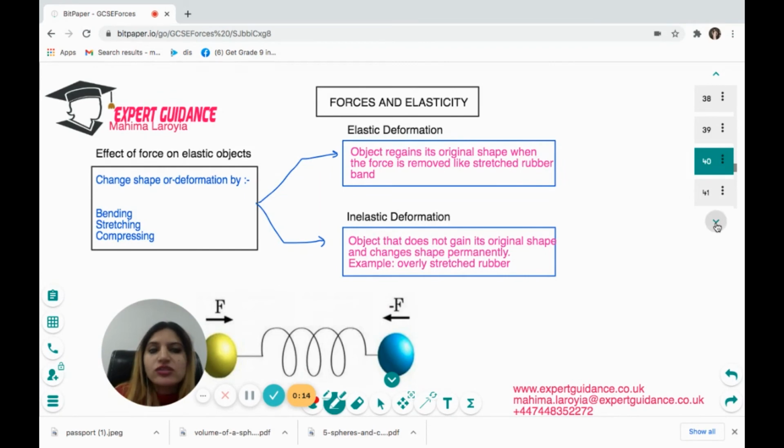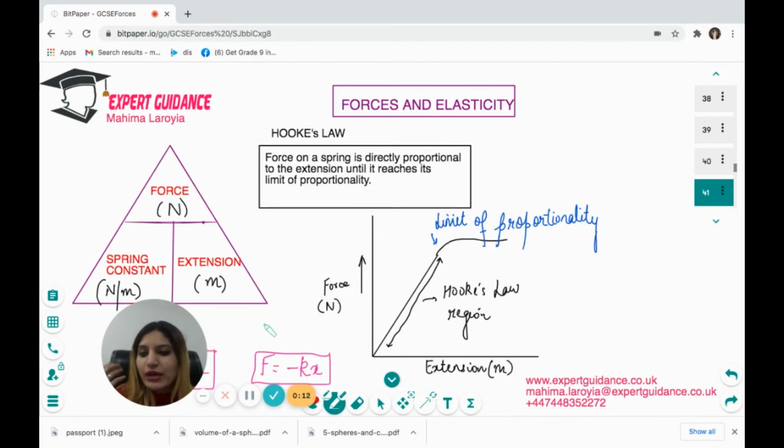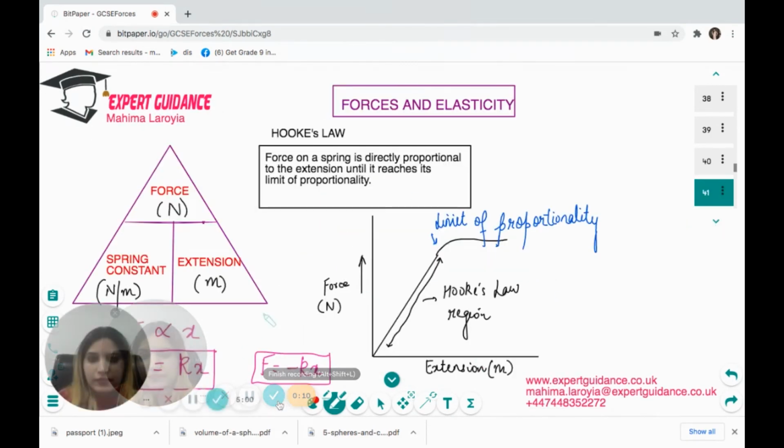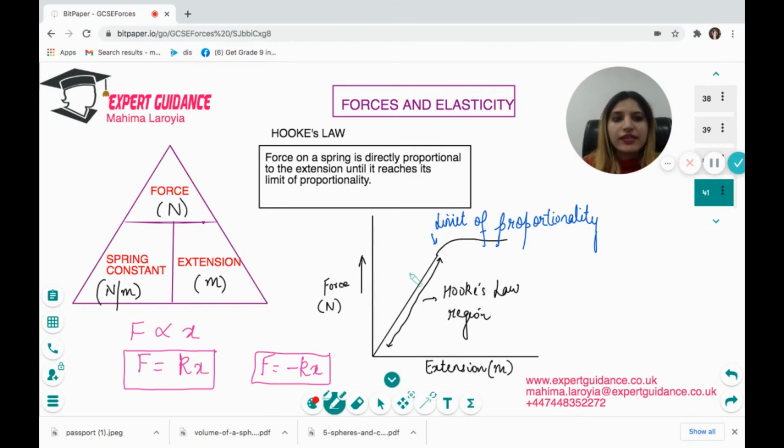Now let us see what is the relationship between the force and elasticity. There was a scientist called Hooke, and he gave Hooke's law. He said that when you apply force to a spring or any elastic object, as you keep on increasing the force, it will keep on extending.